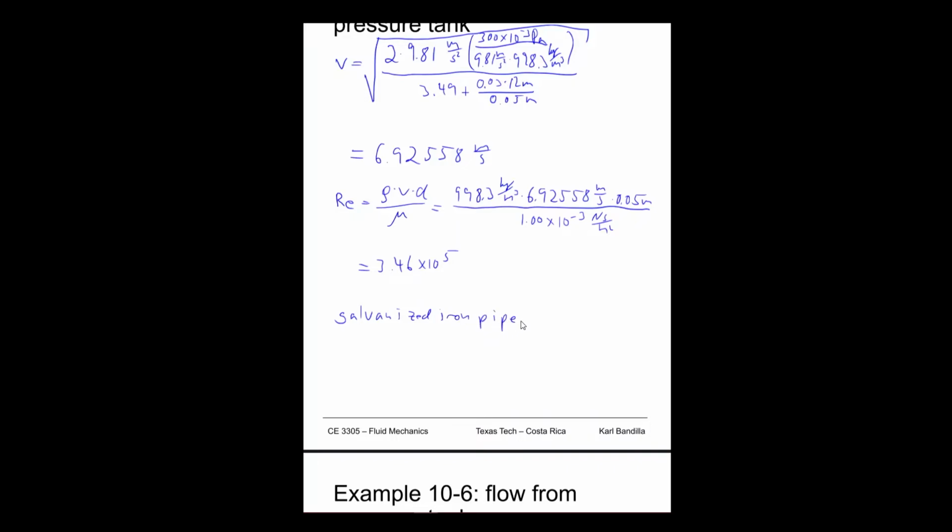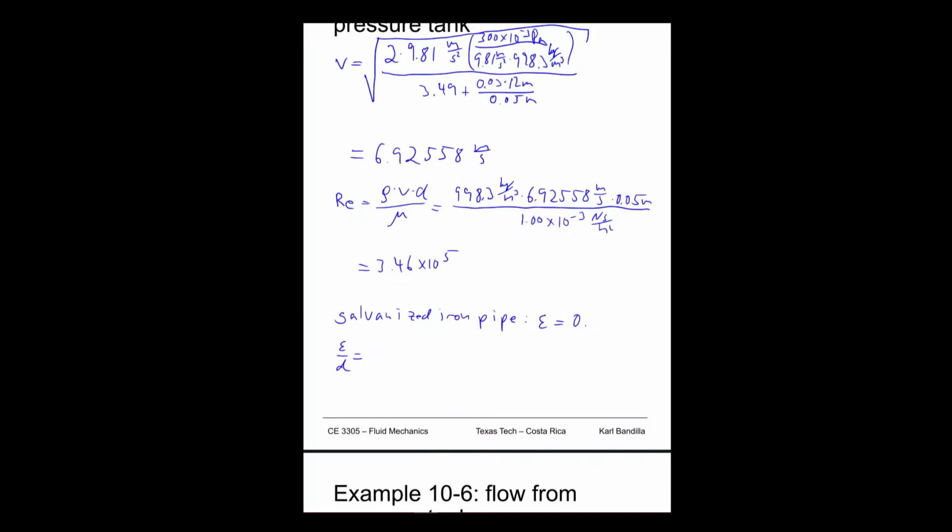We know that epsilon is 0.045 millimeters, relatively smooth. All right, so we then can say epsilon over D, that's what we need for the Moody diagram. I might have looked that up wrong. It doesn't look right. That is the wrong number.